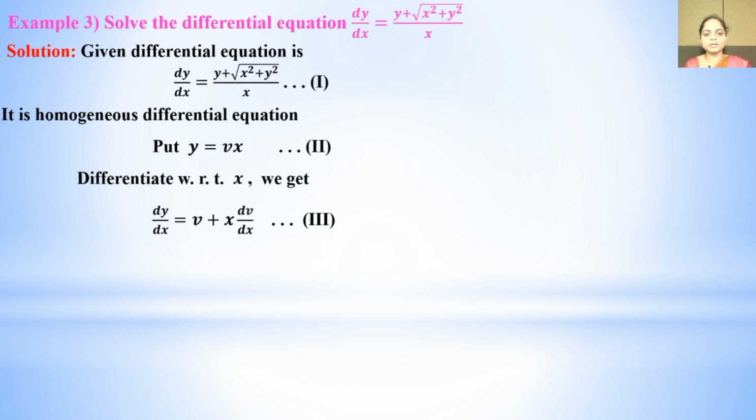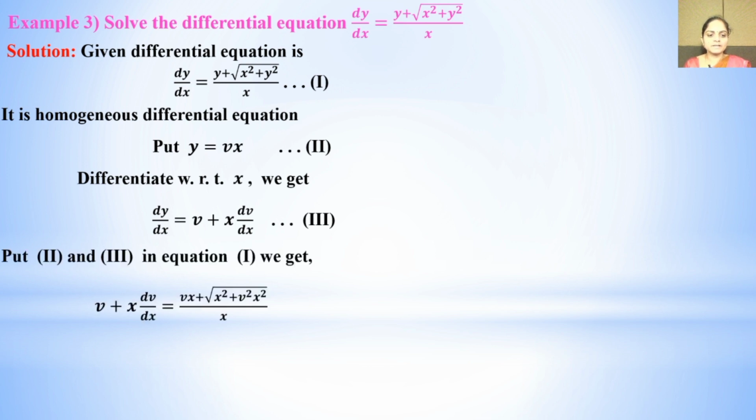Now we put equations 2 and 3 in equation 1, we get v plus x into dv by dx is equal to vx plus root of x square plus v square into x square divided by x. On solving, we get v plus x into dv by dx is equal to v plus root of 1 plus v square.